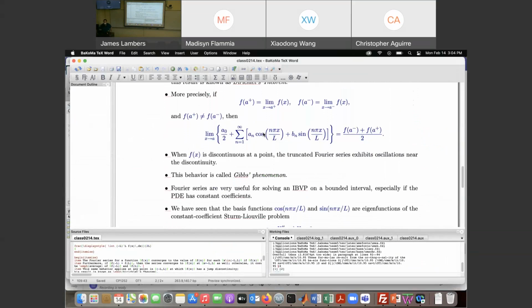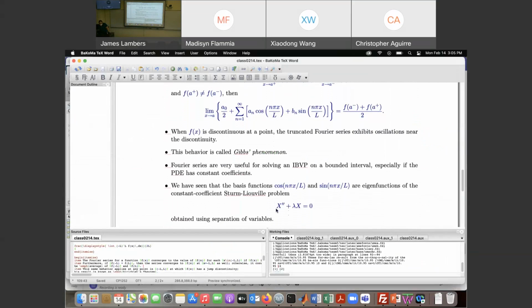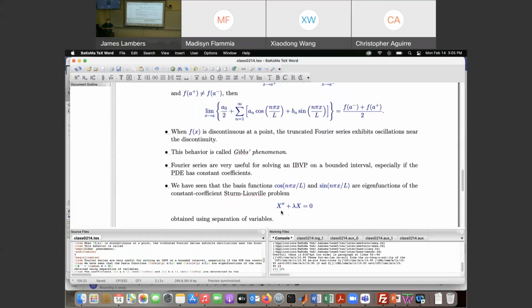Okay. So in particular for PDEs with constant coefficients, Fourier series are very helpful for getting a solution formula for a PDE. Now this ODE, you see come up often, like for solving an equation like the heat equation using separation of variables.